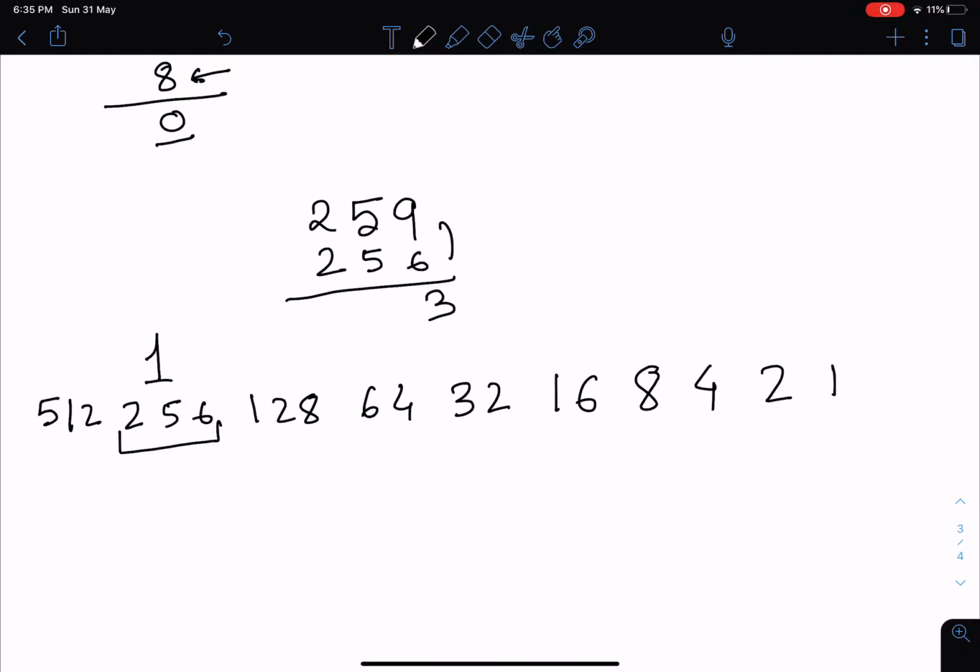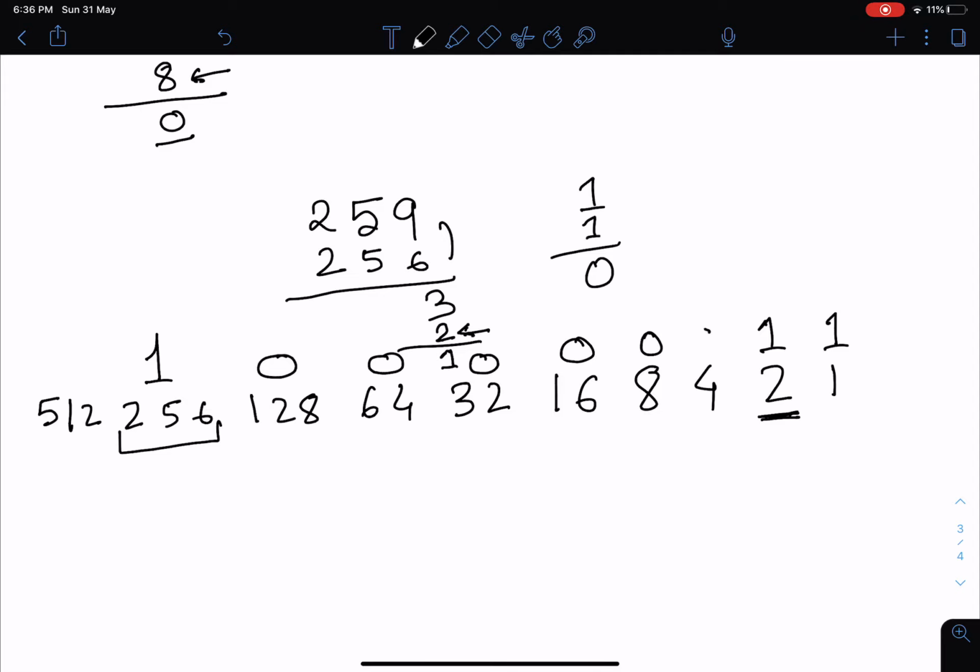Now again in this series, 2 is the largest number we can subtract from 3. So 3 minus 2 will be 1, and we put 1 on the head of this, as we subtracted 2. Now 1 is remaining, and we can subtract 1 from it, so it will be 0. We put 1 there, and on top of all the rest we just put zeros.